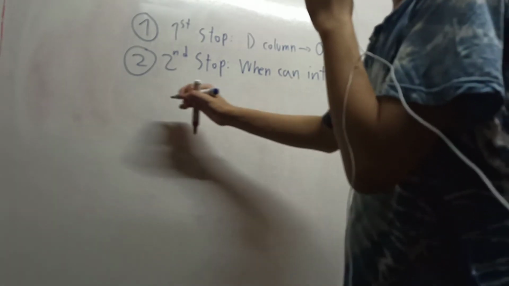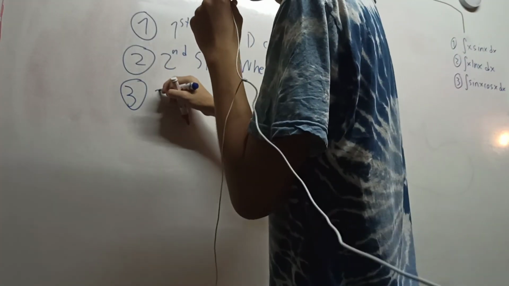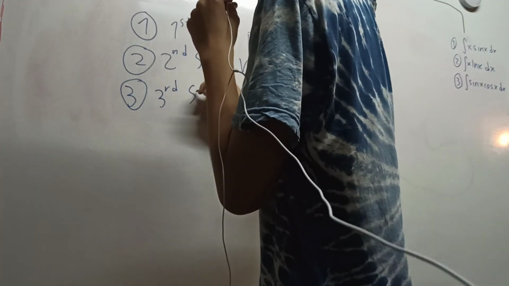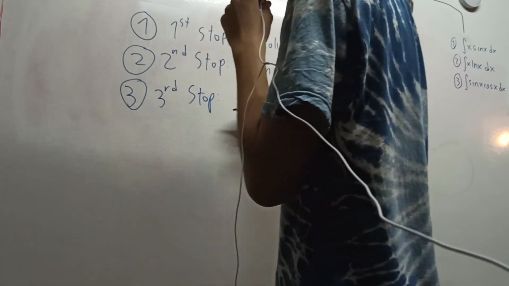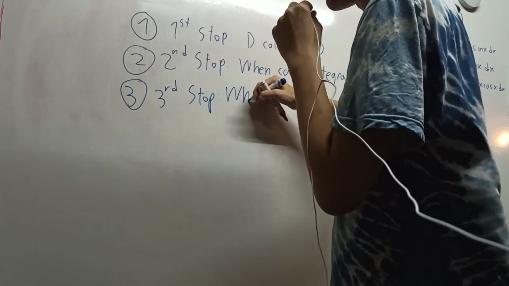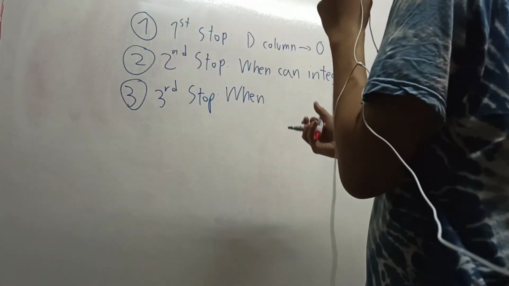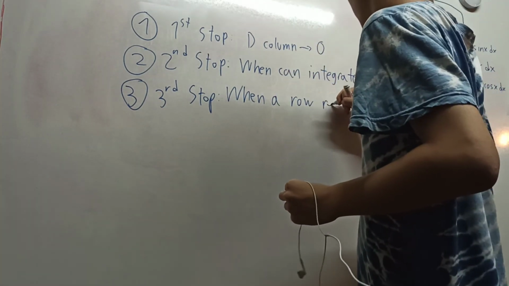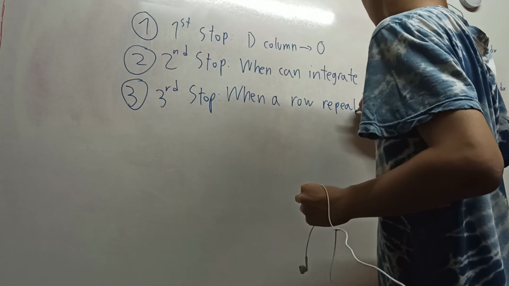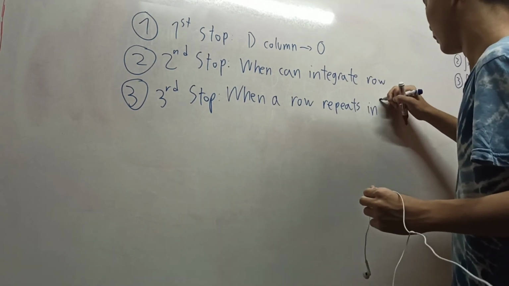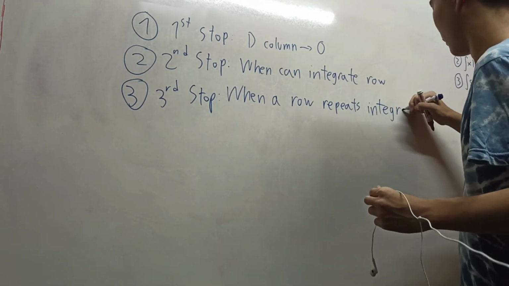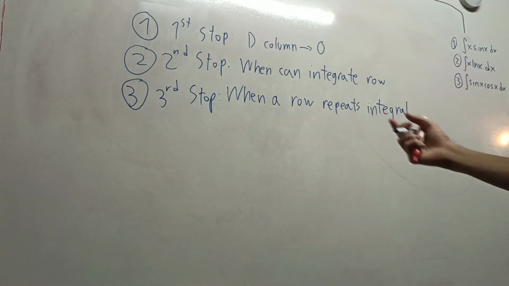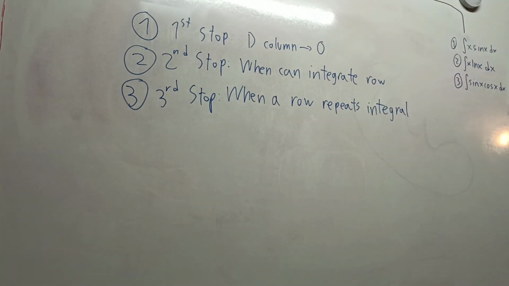And then the third stop is when a row repeats the integral. There you go, 3 stops. And yes, that is it for integration by parts.